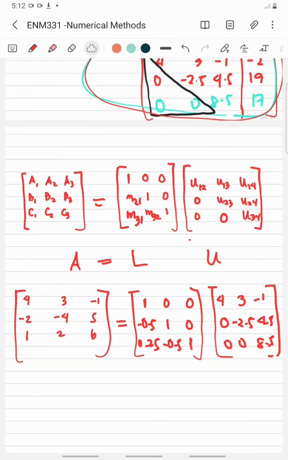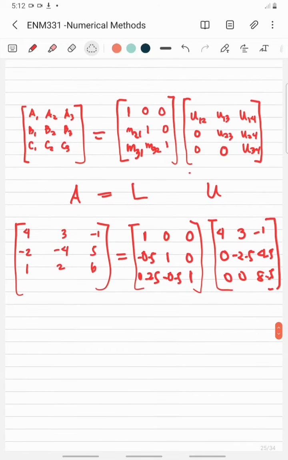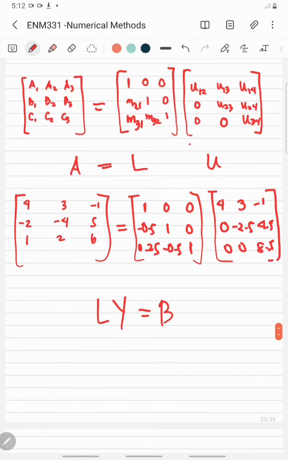From the procedure of LU decomposition, we will first solve for y from the equation Ly is equal to B using the forward substitution method. Okay, so for the lower triangular matrix, we have 1, 0, 0, then negative 0.5, 1, 0, then 0.25, negative 0.5, 1.